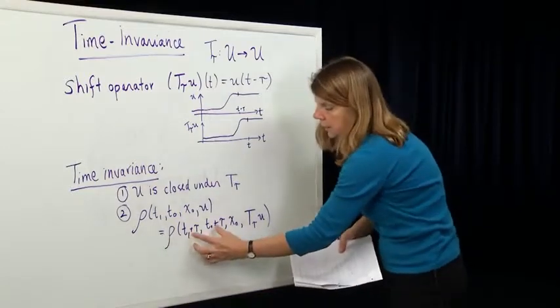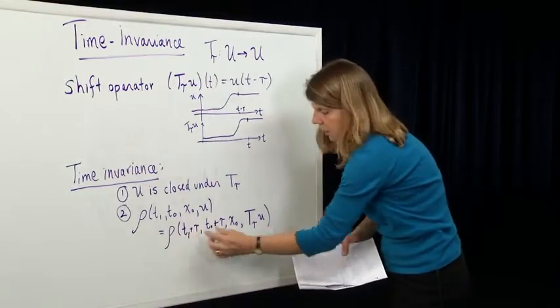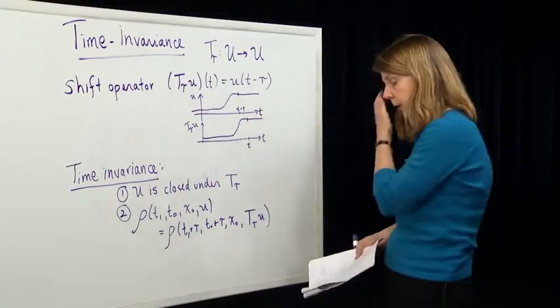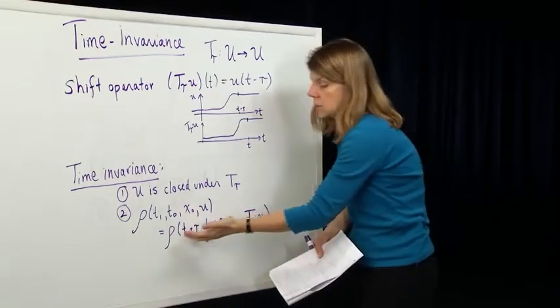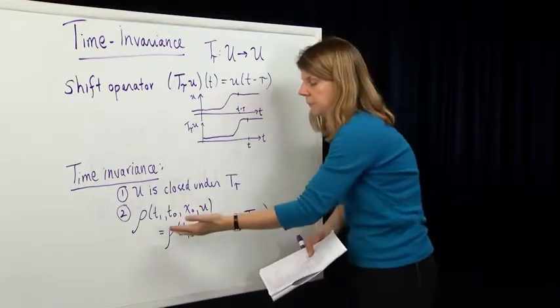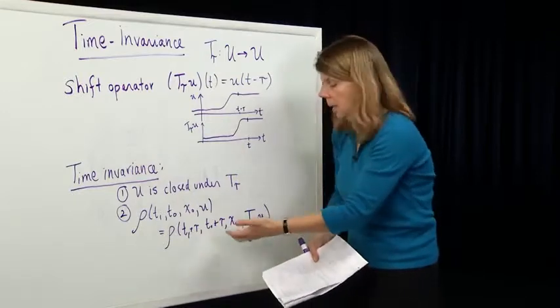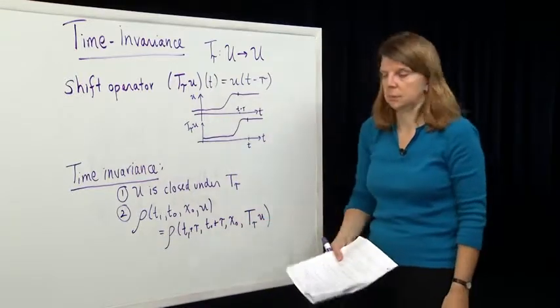Okay, so everything gets delayed by tau time units under this shift operator. But nothing else changes. So the response itself is the same. It's just shifted accordingly by the amount by which you shifted the input.